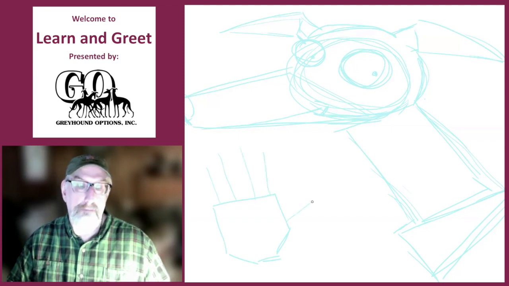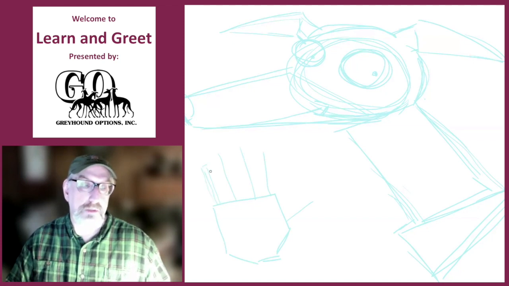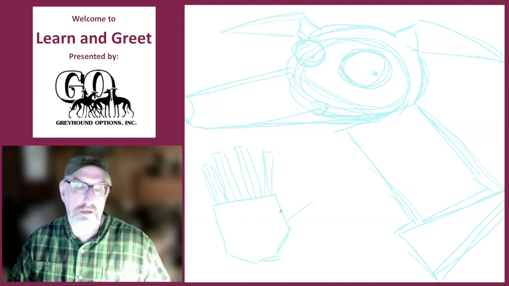And then the thumb. Okay. And your fingers themselves are just going to be more rectangles. Okay. And then your thumb is kind of a rectangle, but it does have a bit of a curve to it.